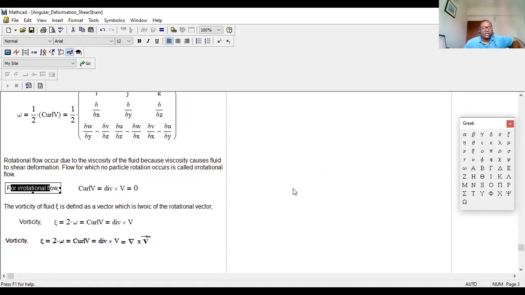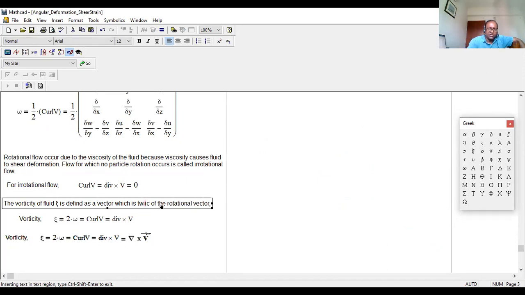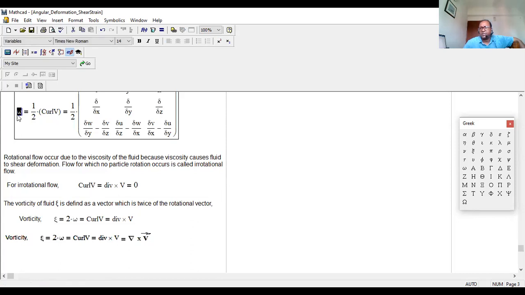Now, there is one definition we use, called the vorticity of the fluid. What is the vorticity of the fluid? If you take twice the angular velocity, the angular deformation, you multiply by 2, that term is called vorticity.